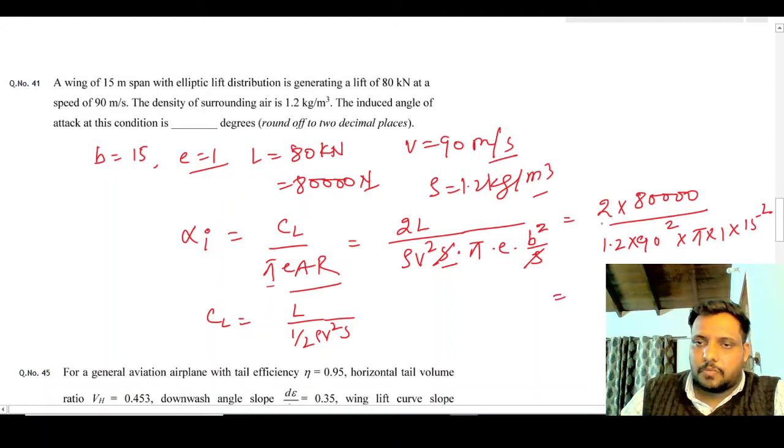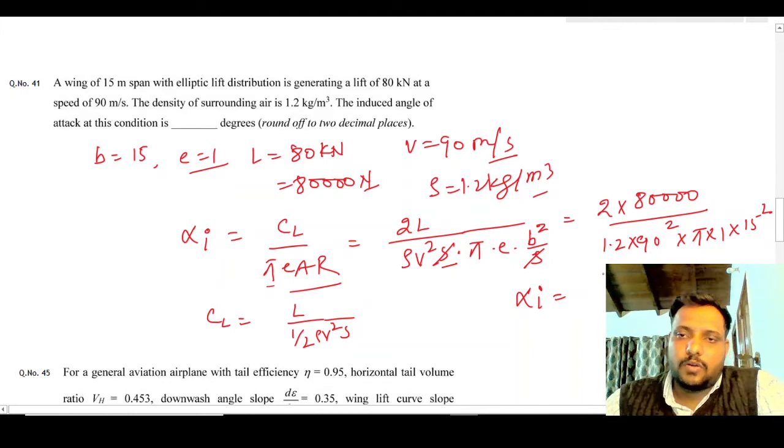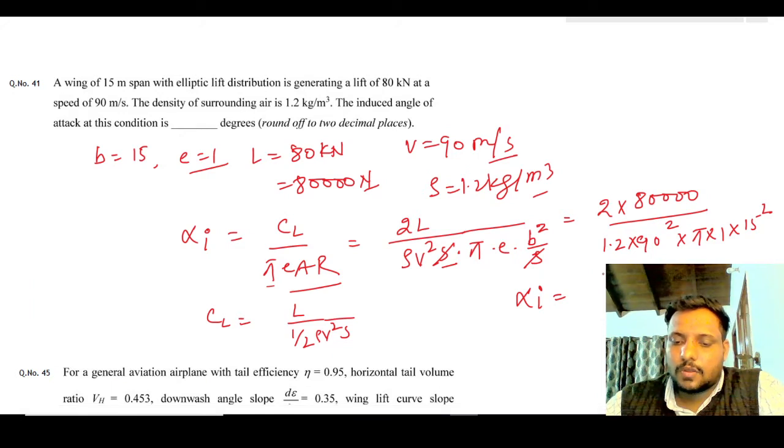So when I put all the values, the value of alpha i in radians will be around, let me calculate, 2 into 80,000 divided by 1.2 into 90 square into pi into 15 square.